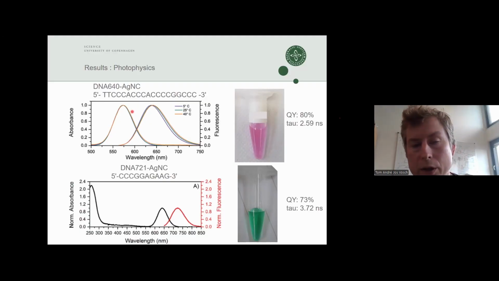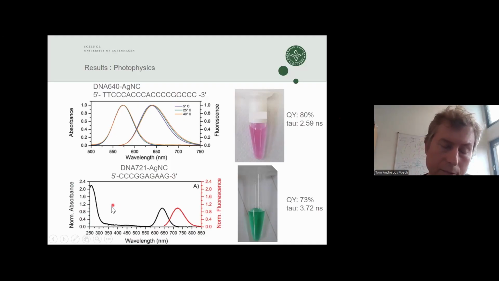As you can see also, usually they have relatively large Stokes shifts. And very often the absorption spectrum looks like given here. We have one main peak at 260 nanometers, which is related to the DNA absorption. And then we usually have one peak further in the visible range that is related to the silver nanocluster transition.